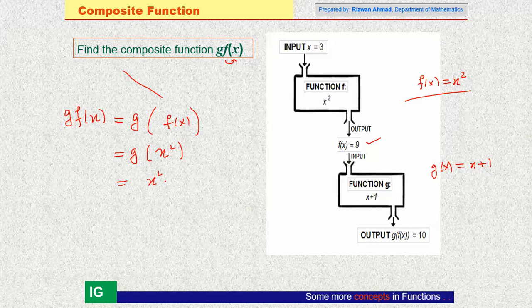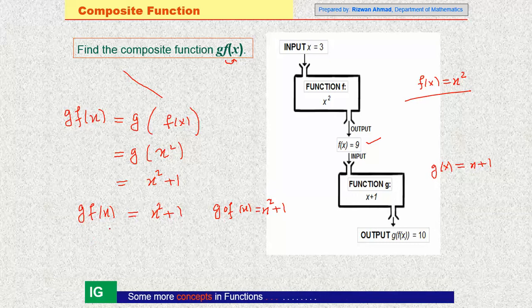So it will be x square plus 1. Overall, g f of x will be equal to x square plus 1, or we can say g of f of x is equal to x square plus 1. These are two different notations used for the composite function, either this or this.